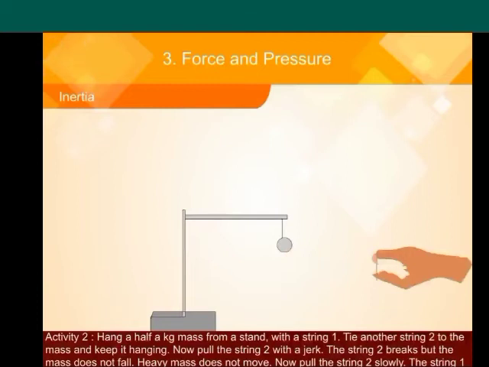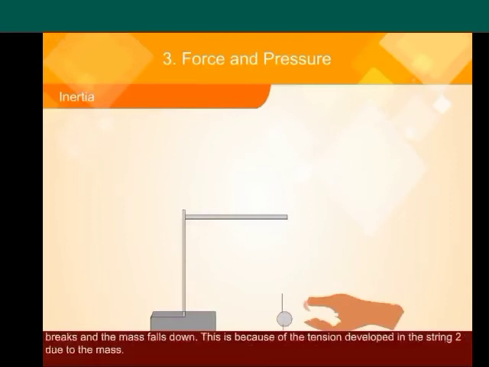String 2 breaks, but the mass does not fall. The heavy mass does not move. Now pull string 2 slowly. String 1 breaks and the mass falls down. This is because of the tension developed in string 1 due to the mass.